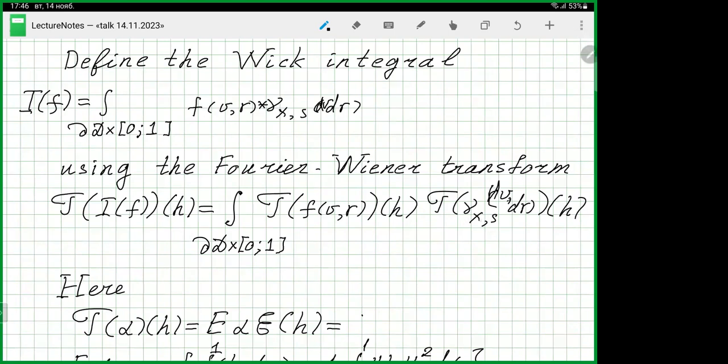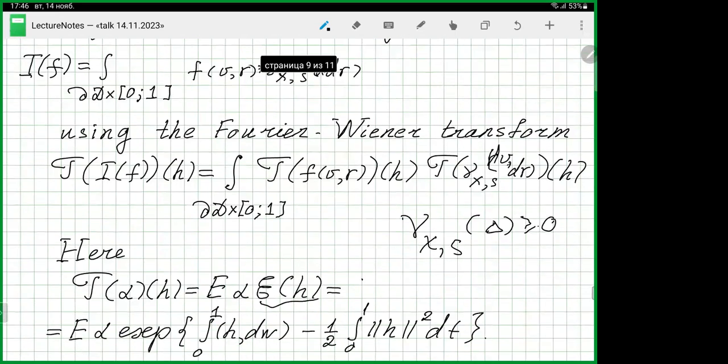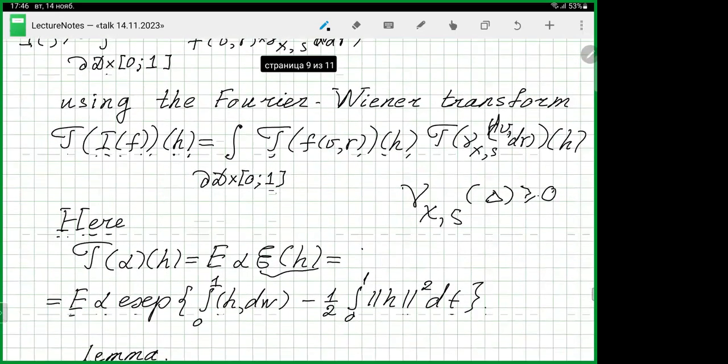You see, here, when you consider ν(A) for some set, for example, Δ, this is a random variable. And this, of course, is a non-negative random variable. We know that the stochastic exponent, due to its expression, is also non-negative. So the product and expectation will be non-negative.